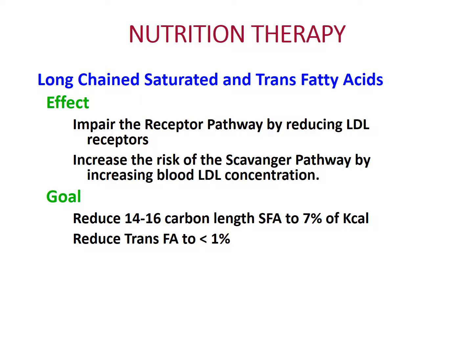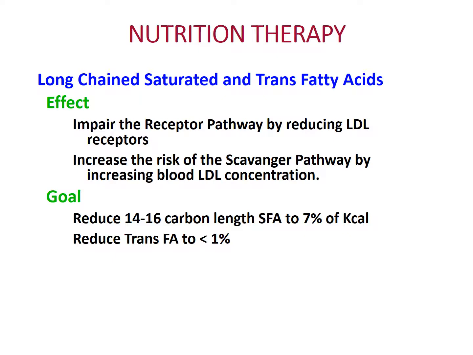That is going to remove LDLs from the blood. So what you're seeing is that the long chain and trans fatty acids are going to affect that pathway, and I'll show you how. And then they're going to increase the risk of the scavenger pathway by increasing the blood level concentration.